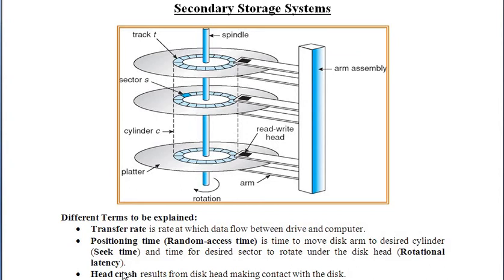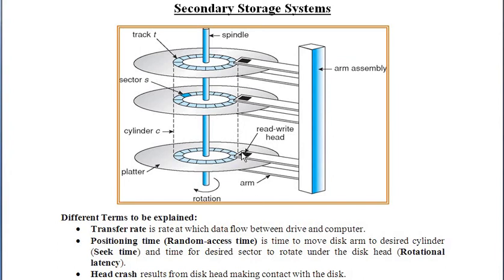Okay, now there is one more term called head crash. These read write heads are placed in such a way that the platter is rotating in between them. Sometimes, if the read write head falls or touches the platter, the information will be lost, because the magnetism available on the platter will go off.